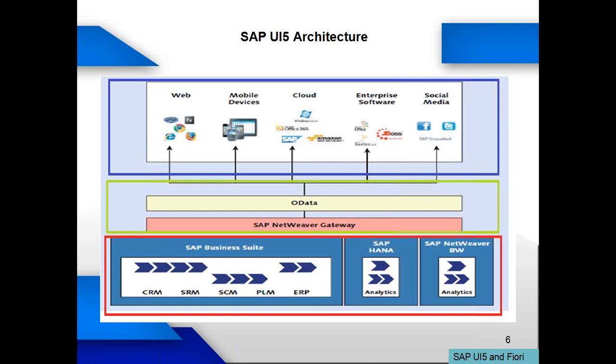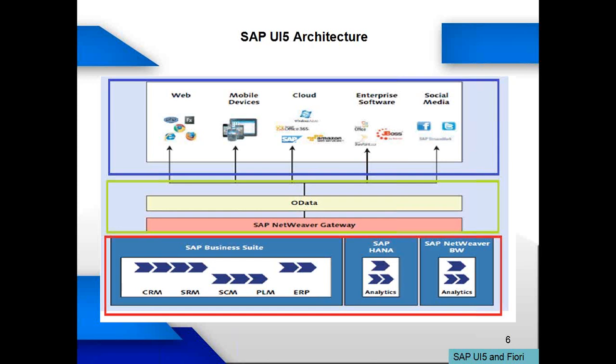Here we have a lot of devices, web browser based content, mobile content, enterprise software and social media. All these are in the presentation layer, and the application request will be generated from this presentation layer and forwarded to the next layer, called the SAP NetWeaver layer.